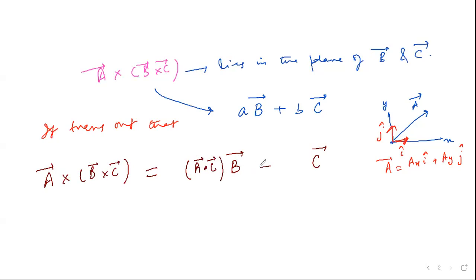And this number here turns out to be minus times A dot B, right?